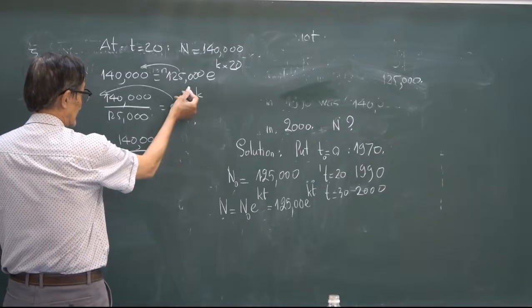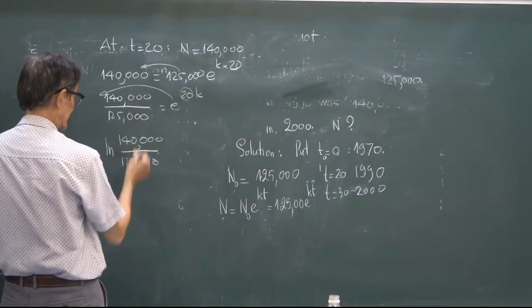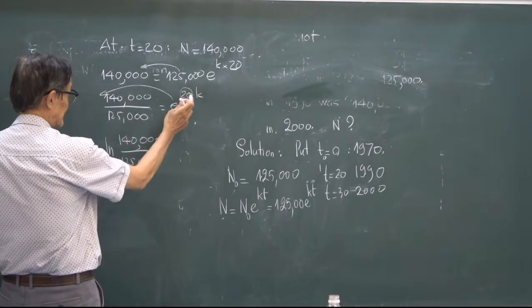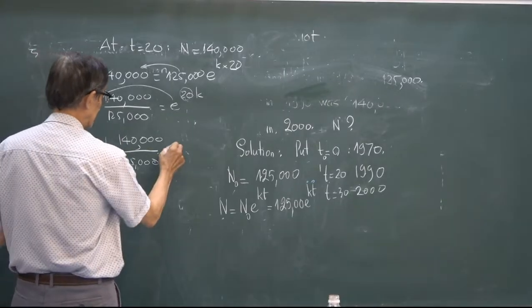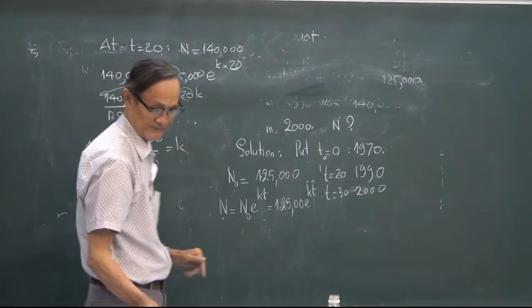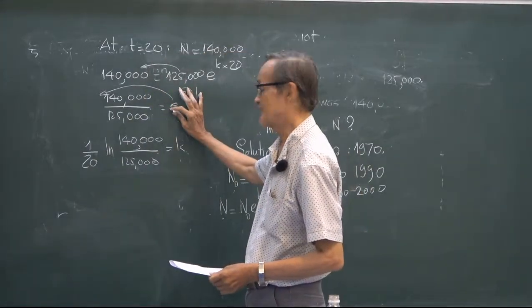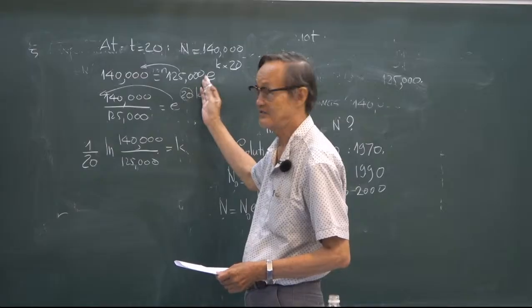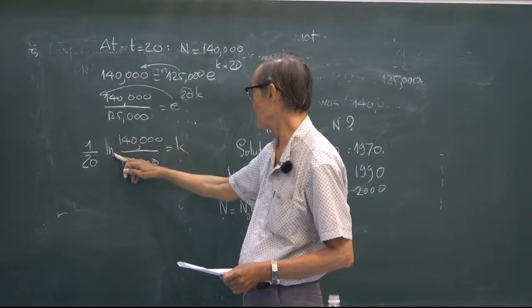Okay, and move this to the left hand side. We have multiplication becomes division. Okay. Move the function e power to the left hand side. We have the function natural log.